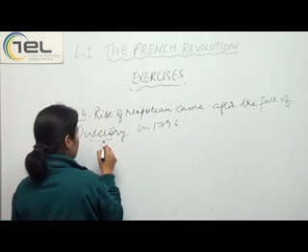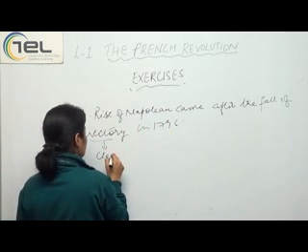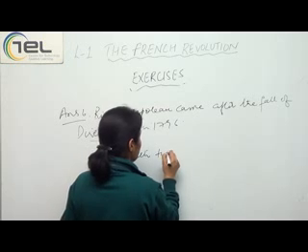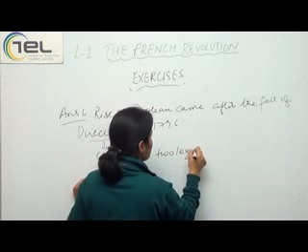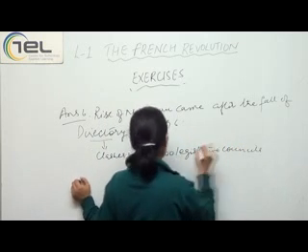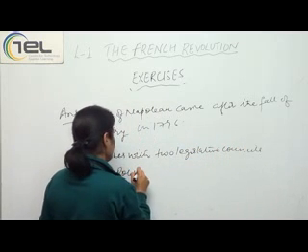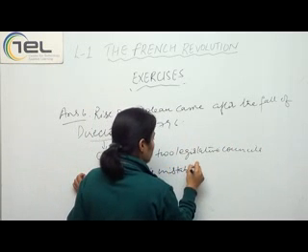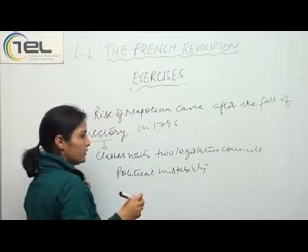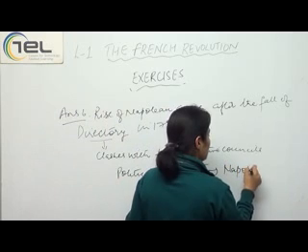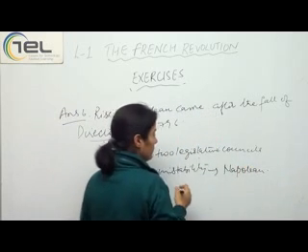The Directory was always in clashes with two legislative councils which were formed after the constitution they framed came into being. So this led to a kind of political instability. Hence Napoleon rose to power.